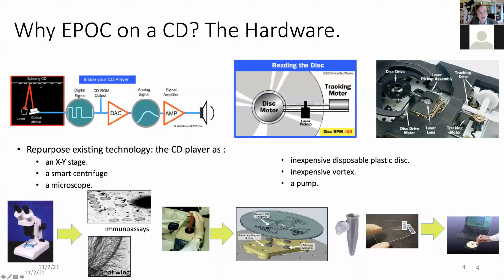As you're spinning your CD, a laser is reflected off the spinning platform. There's a layer of aluminum metal, and small pits have been injection molded into your CD. And when the laser hits one of these pits, you can imagine the light reflected is different than when there's no pit.